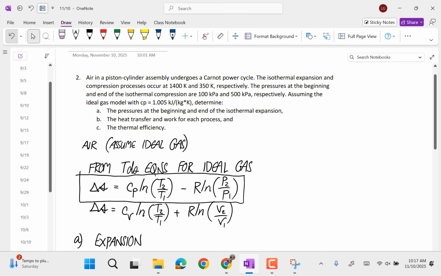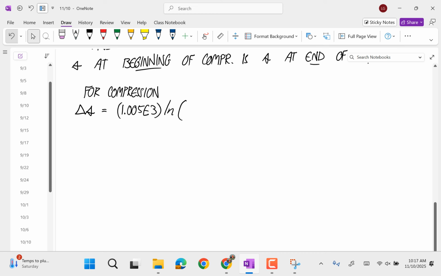Those are the same temperature, so that's 350 over 350, which is just going to be 0. The natural log of 1 is 0.